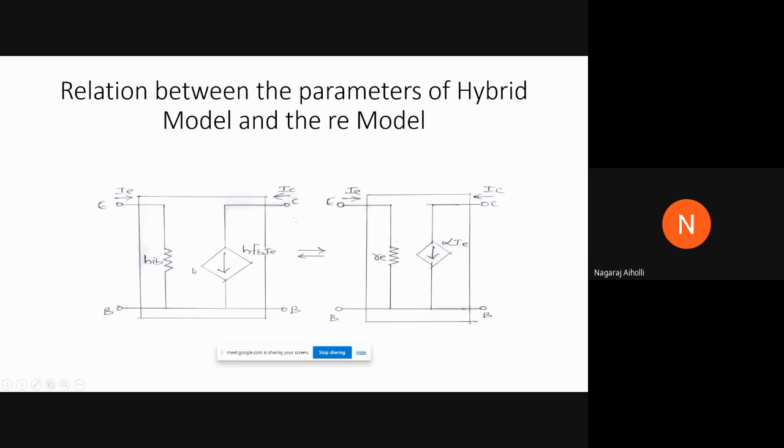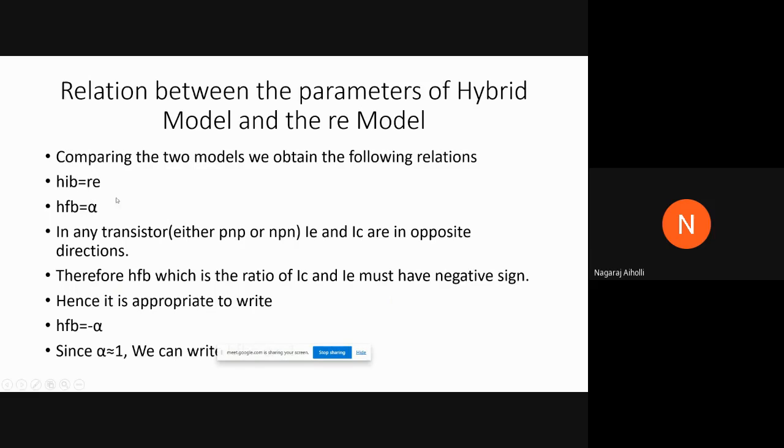That is, the relation is HIB is equal to RE and HFB will be equal to alpha, because both are similar in structure. It is the same common base configuration, just the models are different, but the same structure is there for both the hybrid model and the RE model. Therefore, the parameters relation will be like this. HIB will be equal to RE and HFB will be equal to alpha.